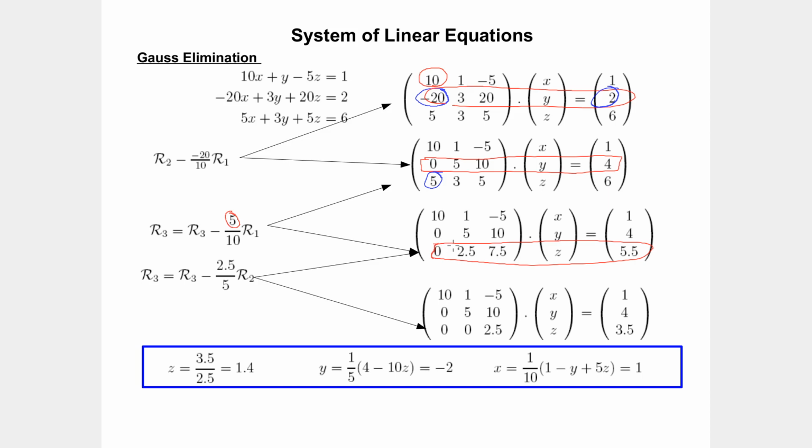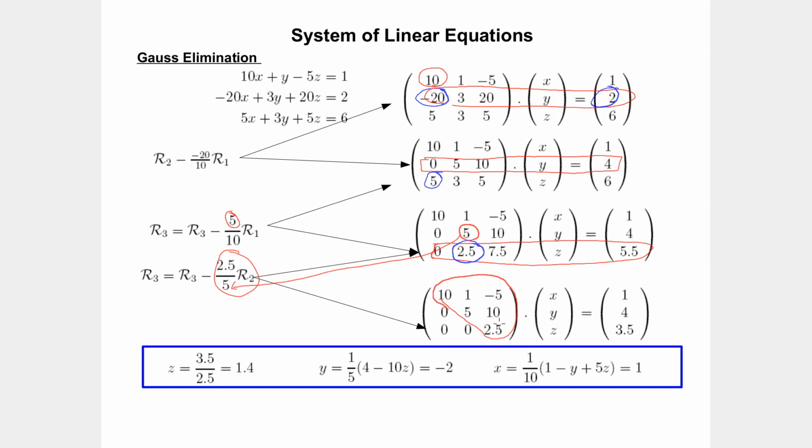Next, this element has to be made 0. Now we have jumped to the second column, correct? We are making the second column 0, so we use the second diagonal element. This diagonal element is divided here and multiplied by row 2, and finally we get an upper triangular matrix.